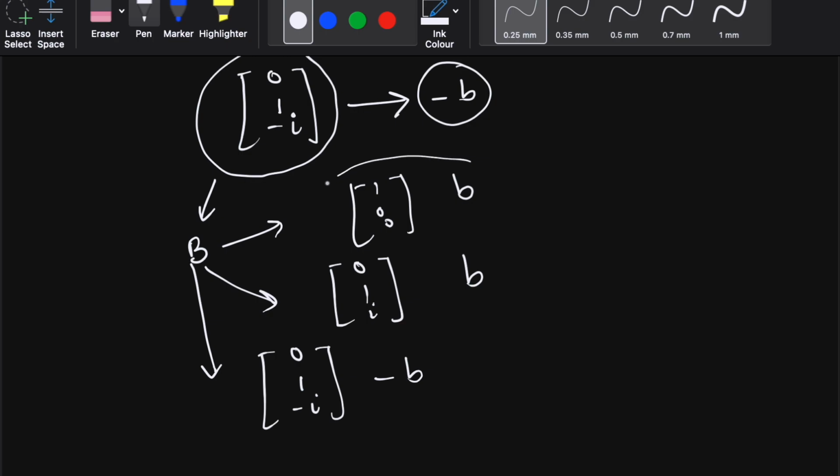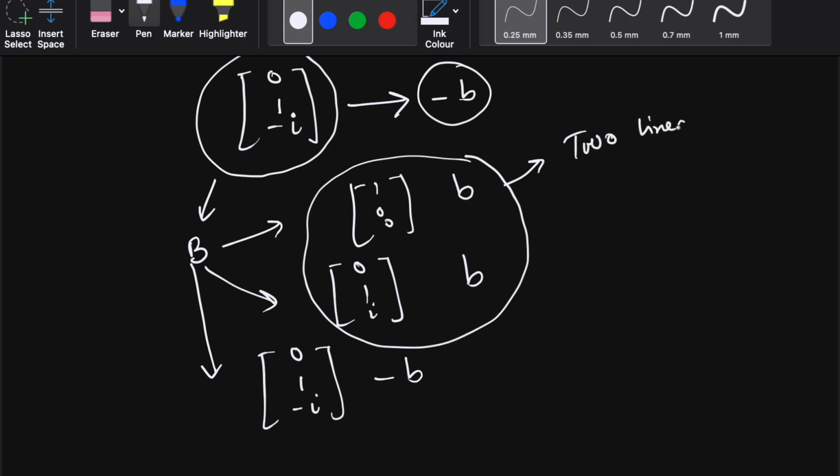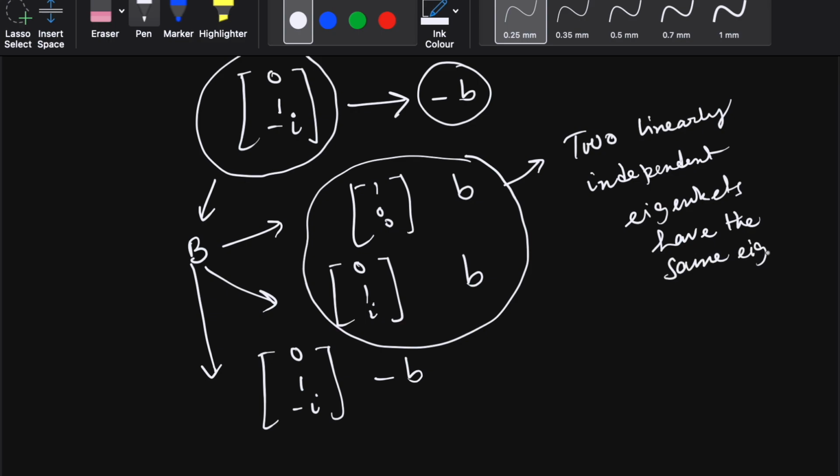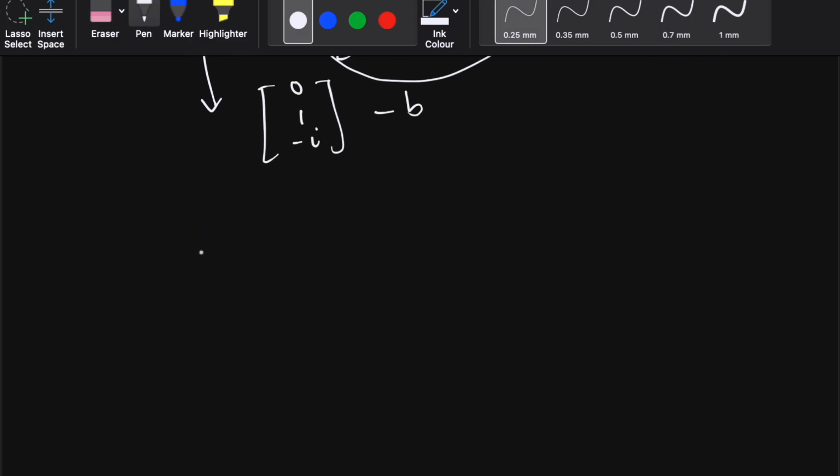And here b is twofold degenerate, meaning the two linearly independent eigenkets have the same eigenvalue b.